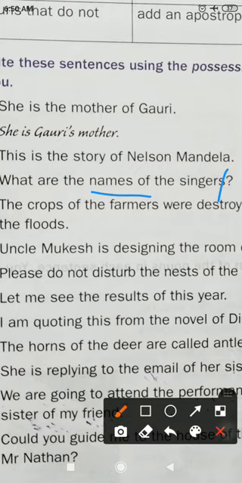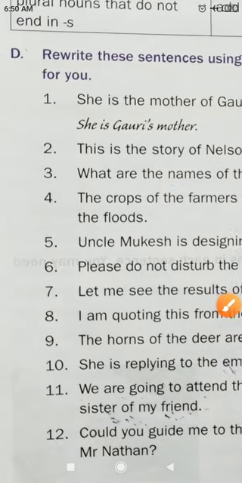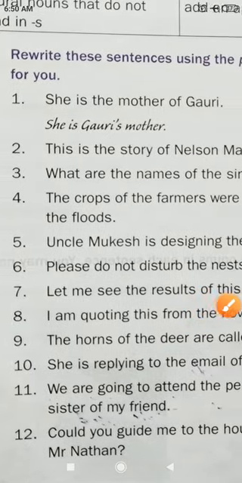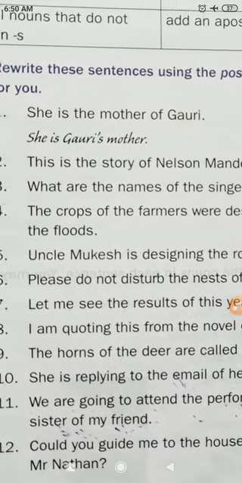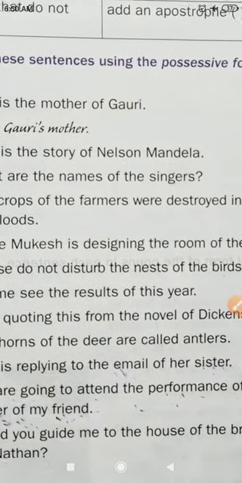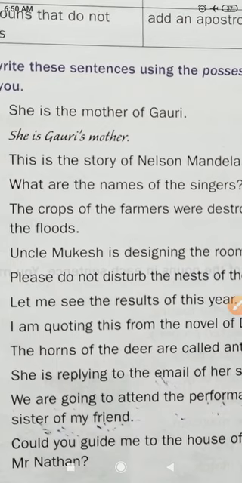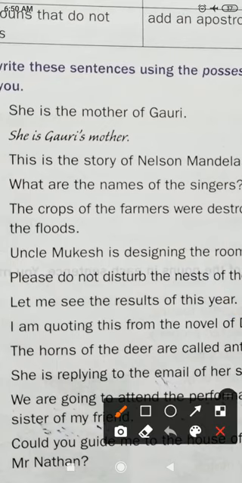Okay. In question number 4, the crops of the farmers were destroyed in the floods. So, dear friends, in the sentence we write farmers' apostrophe, then crops. Farmers' crops were destroyed in the floods.